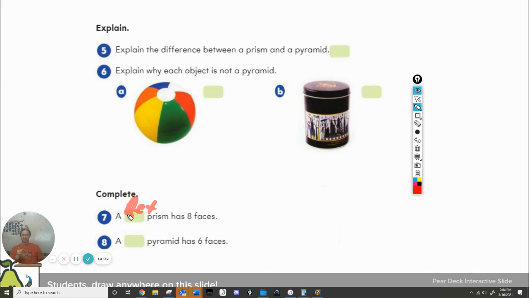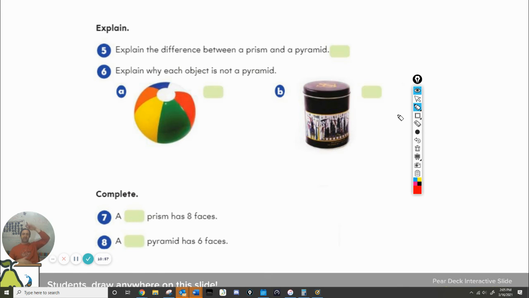Okay, this isn't clear. If you count the bases, then it's hexagonal. But if you're... No. Okay, let's back up. It says a blank prism has 8 faces. If you were counting the 2 bases as faces, 1, 2, and then 3, 4, 5, 6, 7, 8, you've got a hexagonal prism.